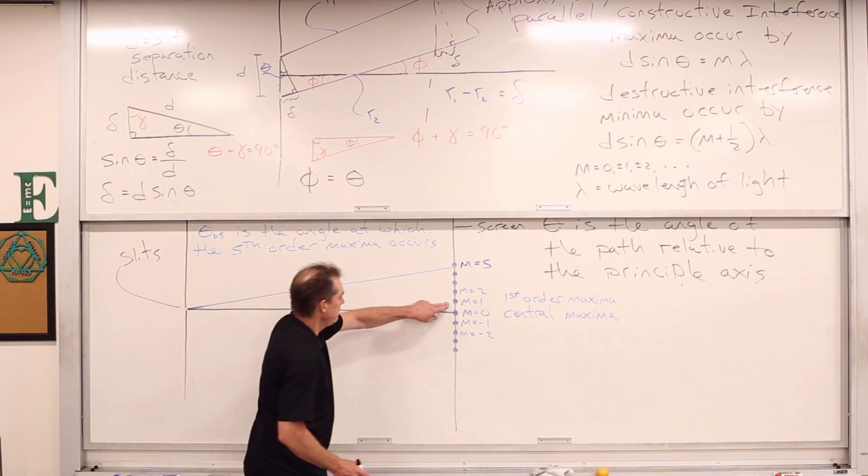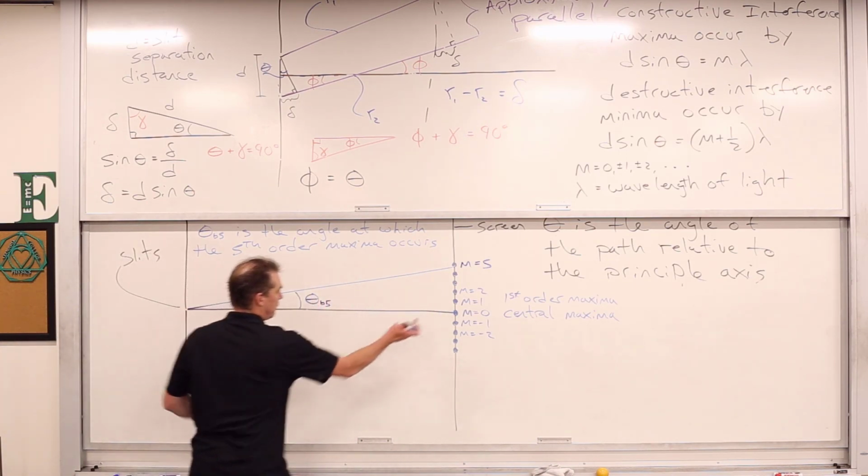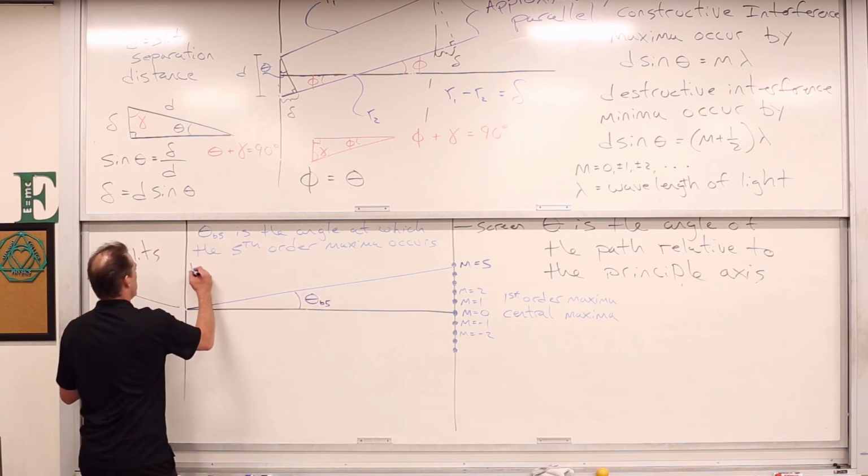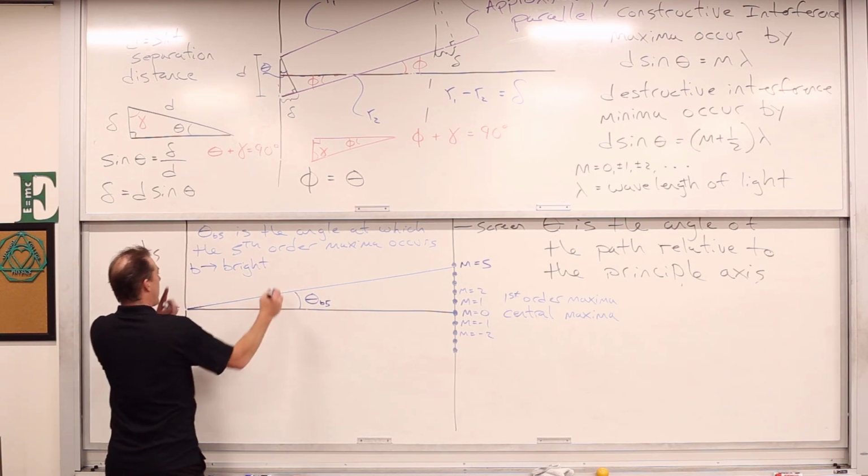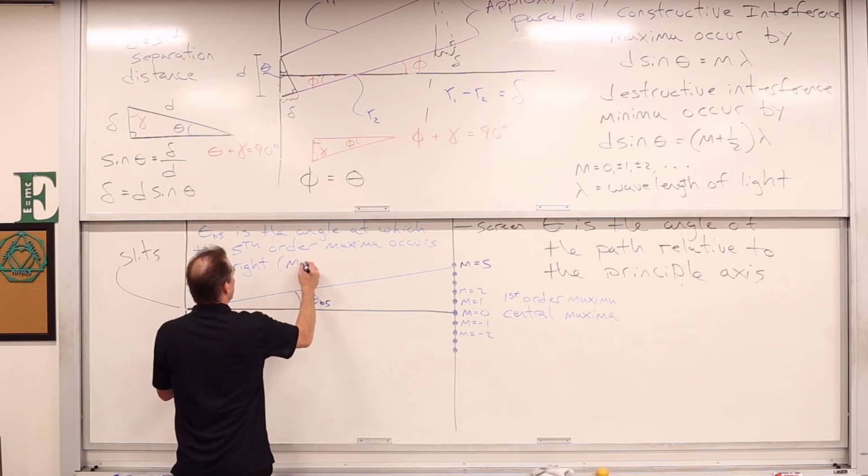You can have a theta b1, a much smaller angle. That would go with this. B is for bright, and we got maxima.